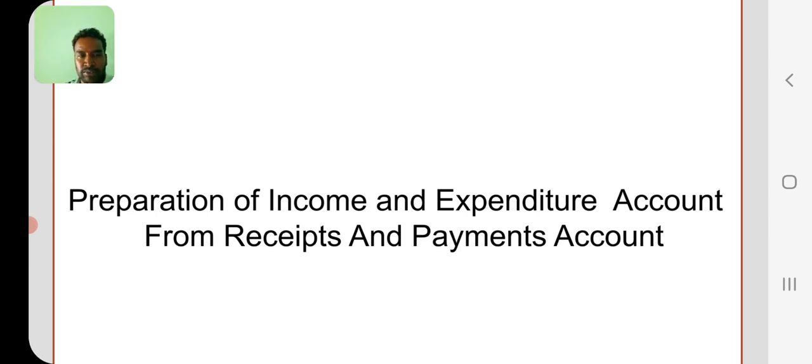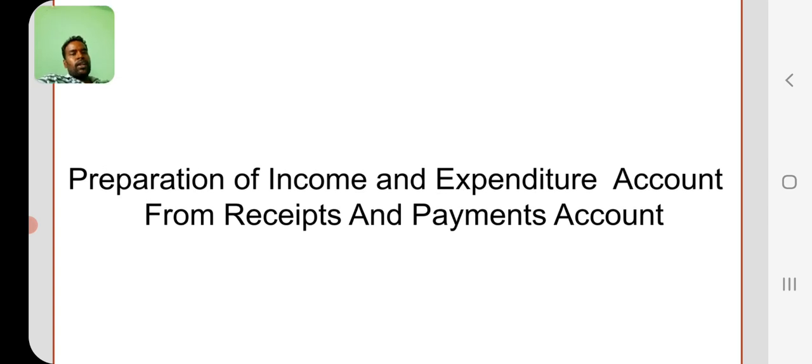So irrespective of revenue and capital items, everything should be recorded in the receipts and payments account. Coming to the income and expenditure account, whatever items relate to revenue should be recorded in the income and expenditure account. It is the same as the profit and loss account. It follows the nominal account rule, that is, debit all losses and expenses and credit all incomes and gains. Instead of profit we use the word surplus.